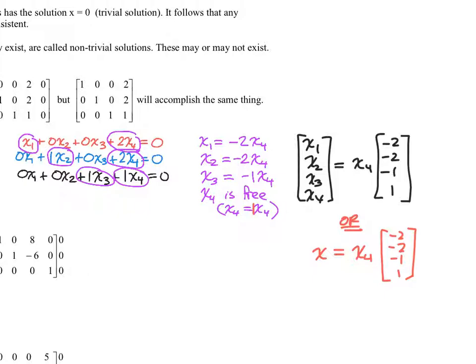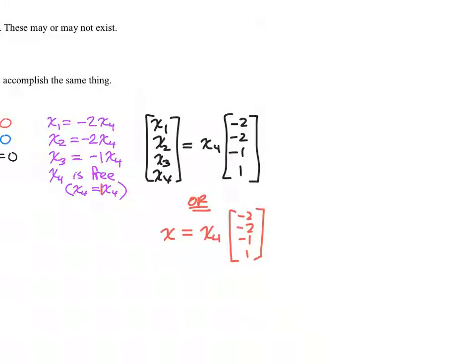And then finally, the last way to represent it. Well, there's really 4 ways to represent it, but the last 2 ways are really the same way, just written slightly differently.